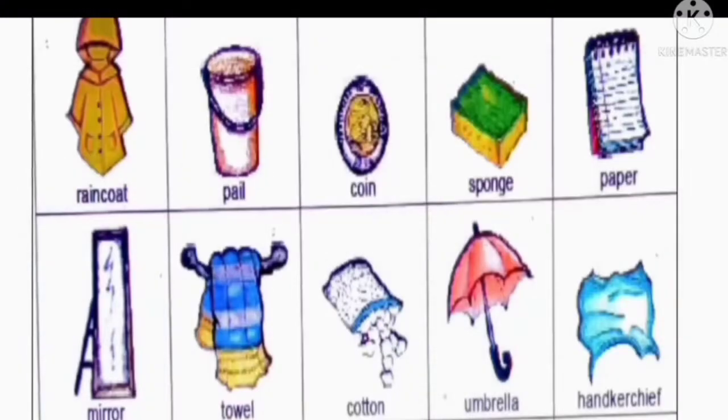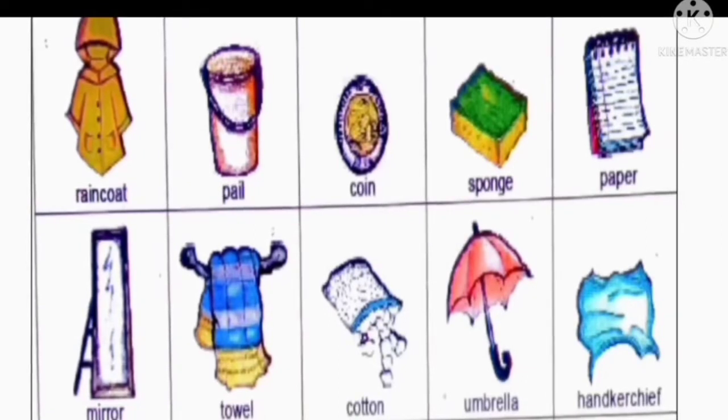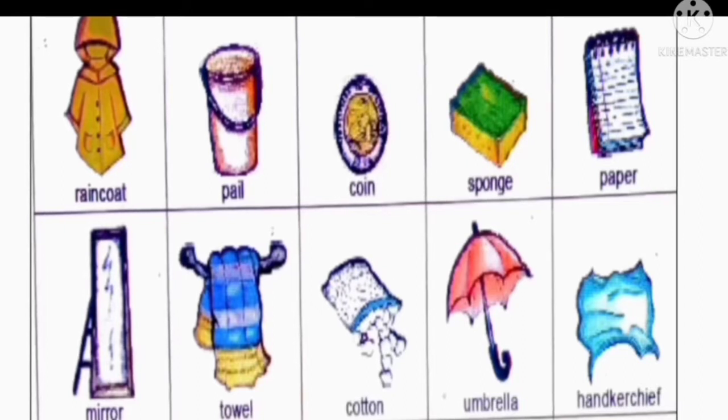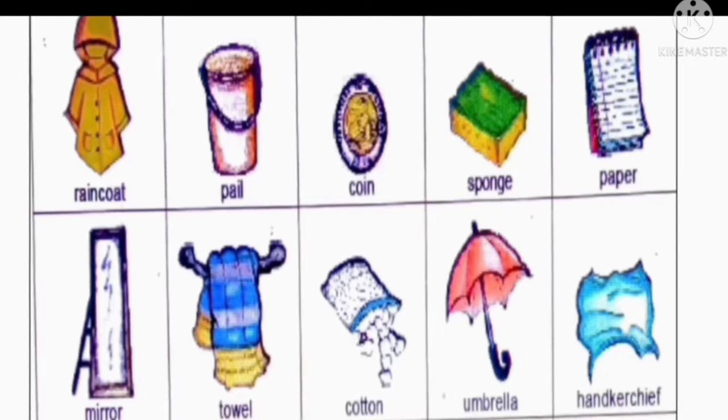With the given materials, let us group them according to their ability to absorb water. The materials are raincoat, pail, coin, sponge, paper, mirror, towel, cotton, umbrella, and handkerchief.